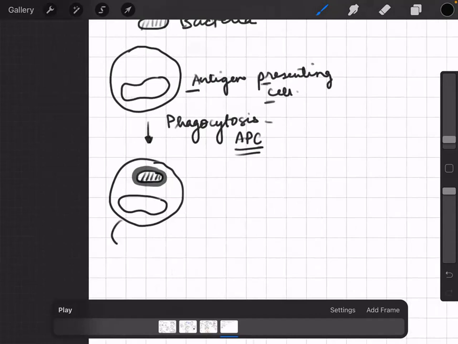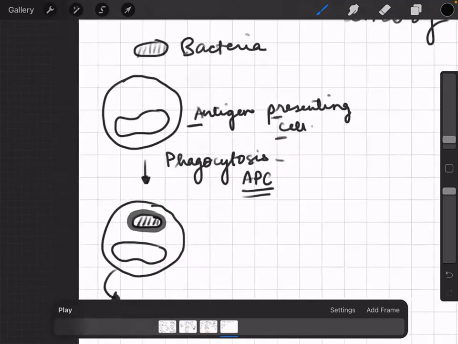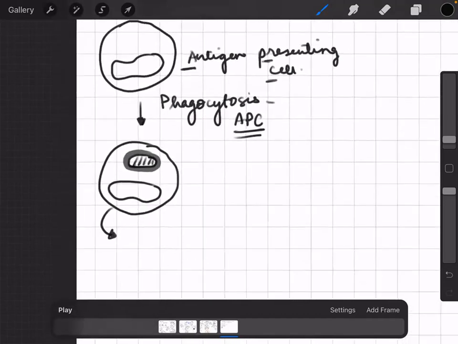These antigen presenting cells are going to basically do a scanning process, and what they do is they're going to identify what particular kind of antibody will work against them best.